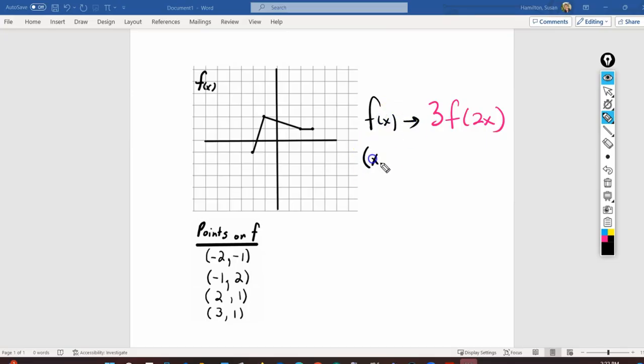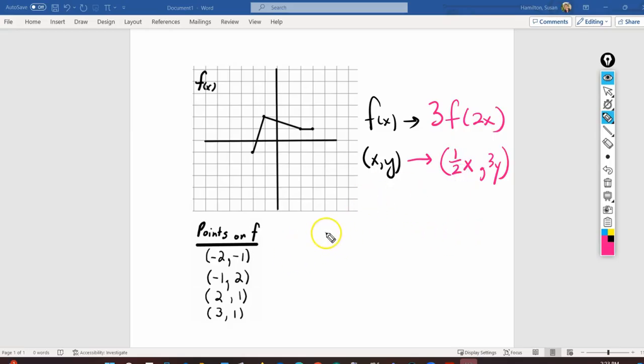So if I have a point on my original black function, I am going to get a new point because there's a 3 multiplied out the front. That will change the y coordinate, and the y coordinate will be the old y coordinate times 3. Now inside we go from x to 2 times x, so I will have a new x coordinate, but the number out here is going to be 1 over 2, the flip of 2.